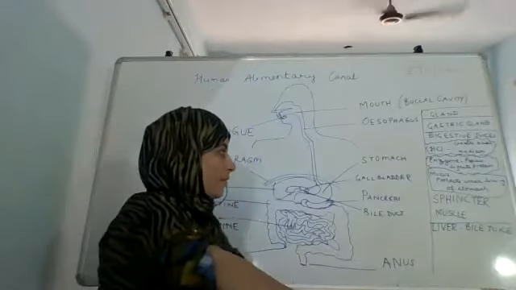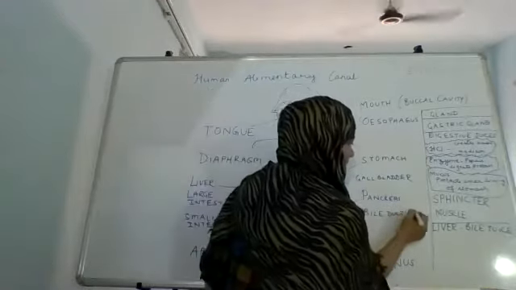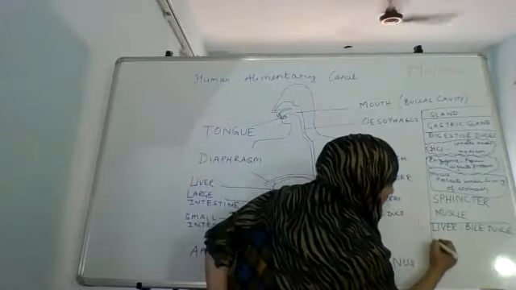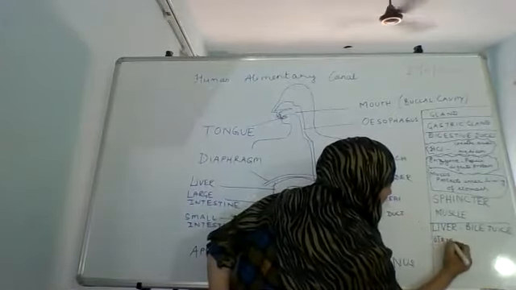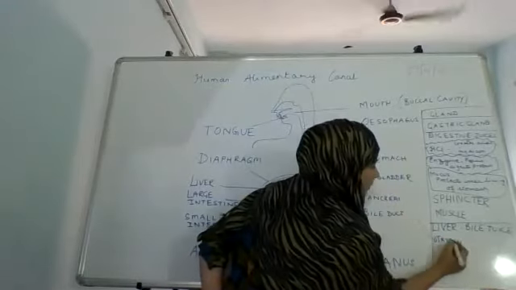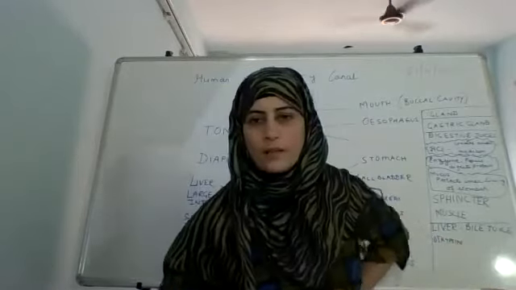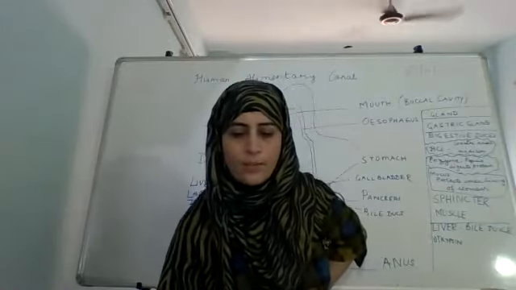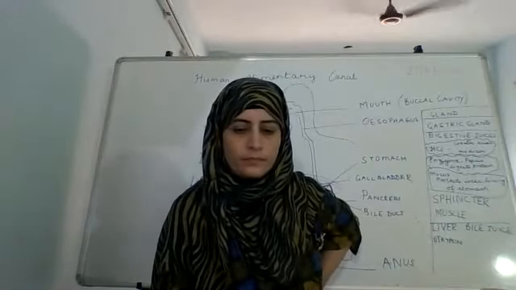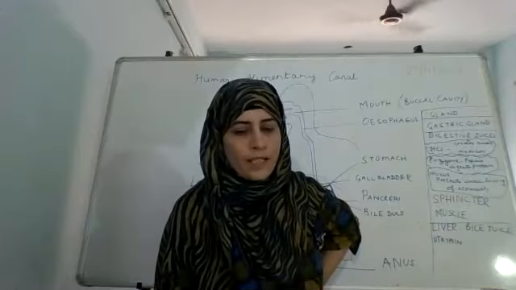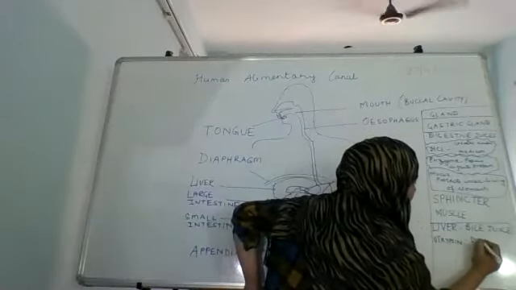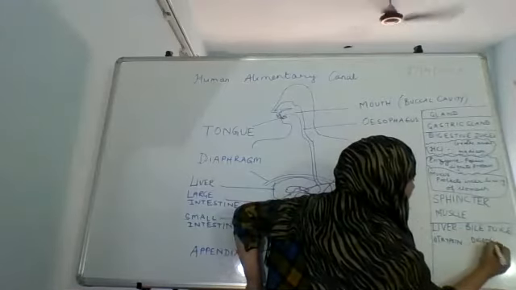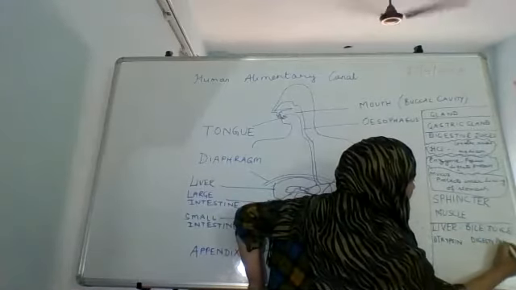What is the first pancreatic juice? Yeah, trypsin for digesting proteins. What does it do? It digests proteins.